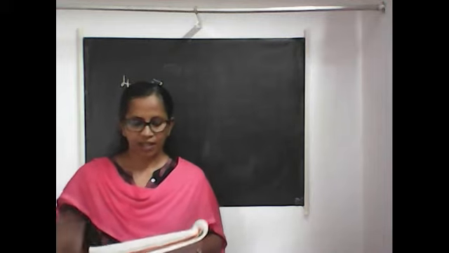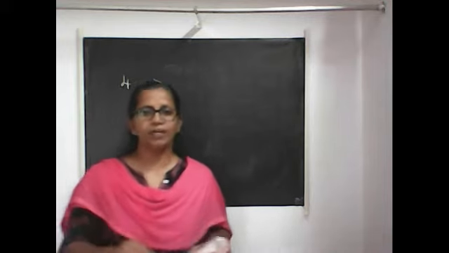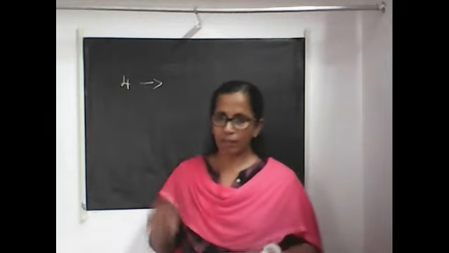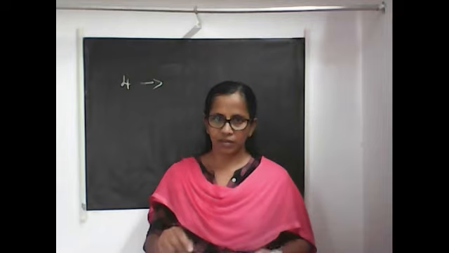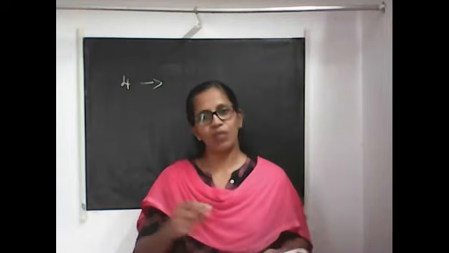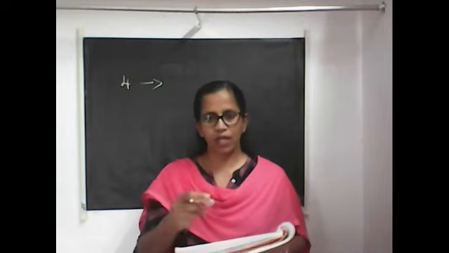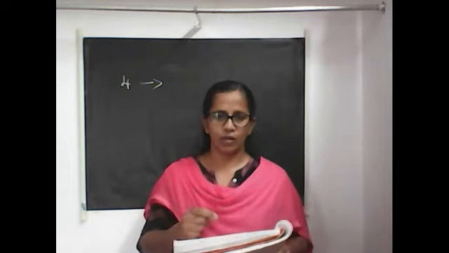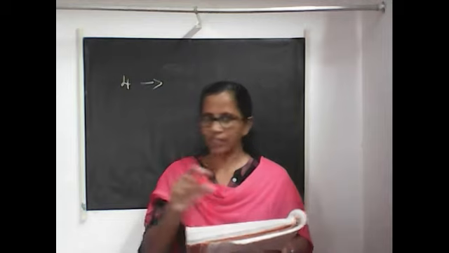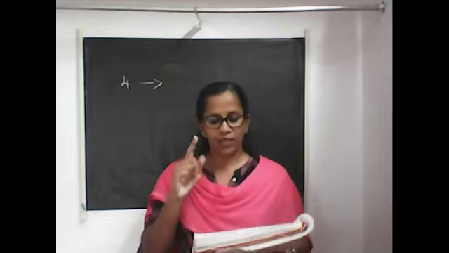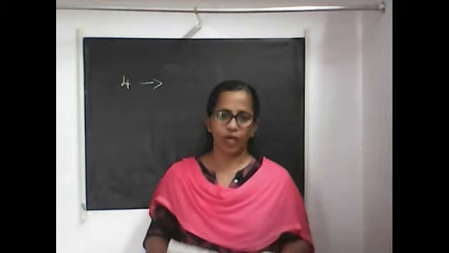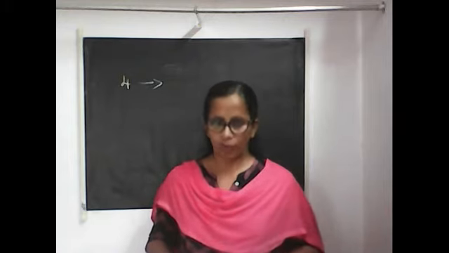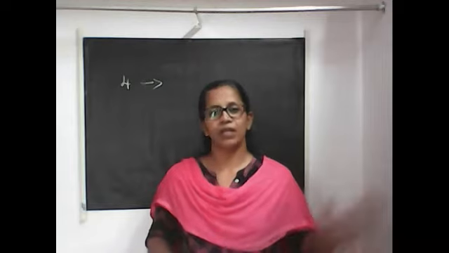Once again, the condition is that in order for a given number to be divisible by 4, you have to take only the tens place and ones place digits from the given number. Then you will get a number. If that number is divisible by 4, you have to divide and see. Then you can say that the given number is divisible.